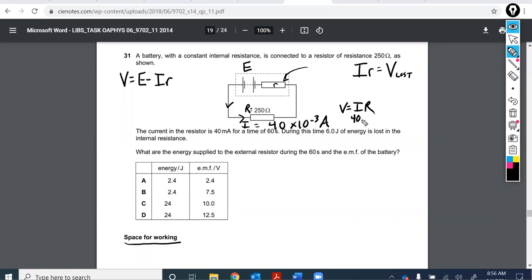So let's calculate that. 40 milliamps current times 250 ohms of resistance: 250 times 40 times 10 to the negative 3. All right, so 10 volts dropping across this external resistor.